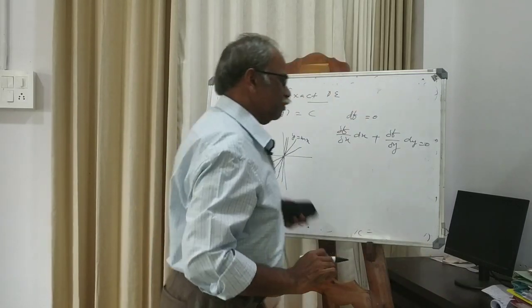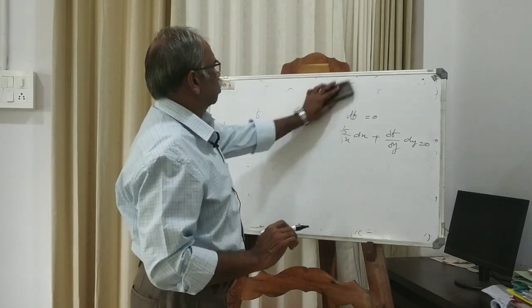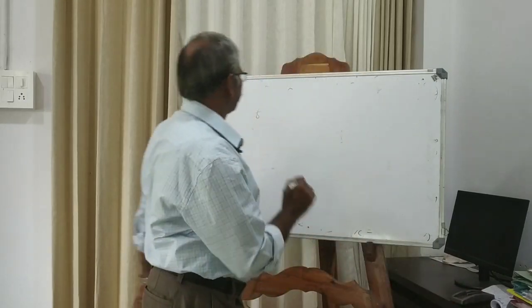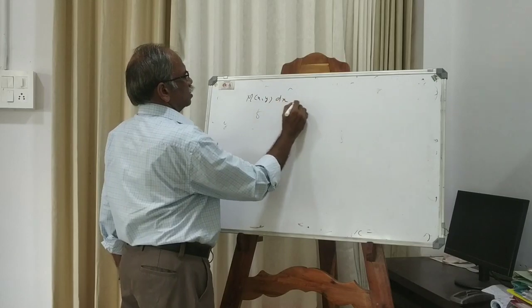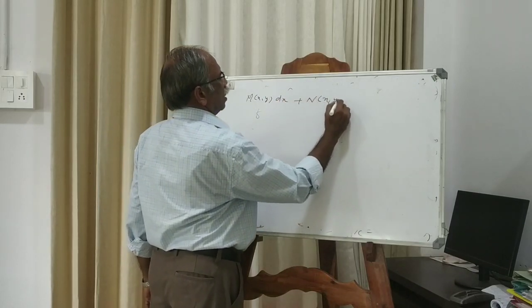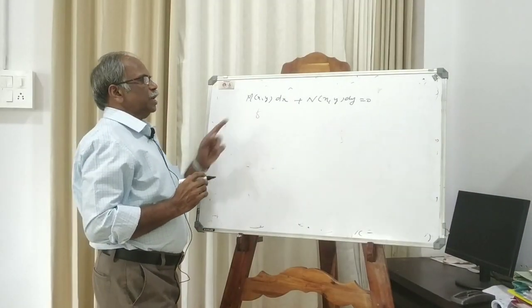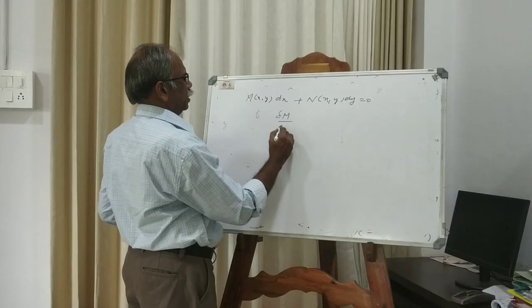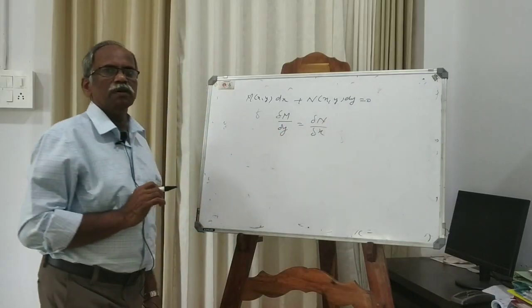Based on this, we define the general form of an exact differential equation. A differential equation of the form M(x,y) dx plus N(x,y) dy equals 0 is said to be an exact differential equation if partial dM by dy is the same as partial dN by dx.